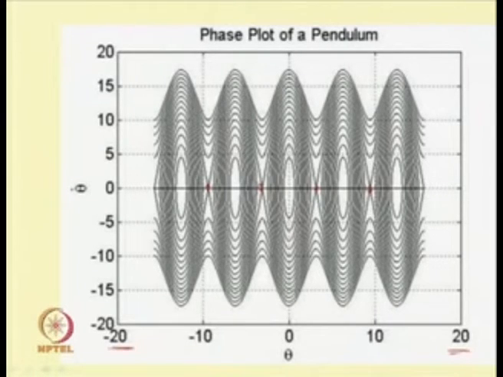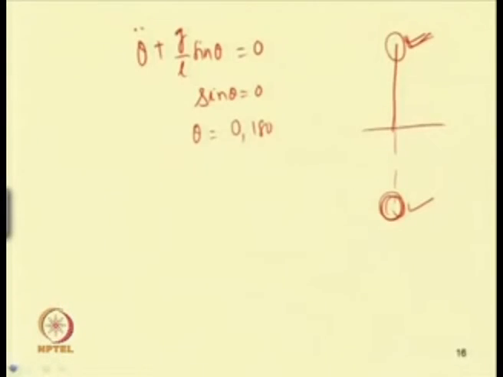That means, if you leave the system at some position, then it will oscillate with different amplitude depending on the initial condition. It depends on the height at which we are leaving it. Let us leave it at this position. It will come to the equilibrium position, and then again it will oscillate.